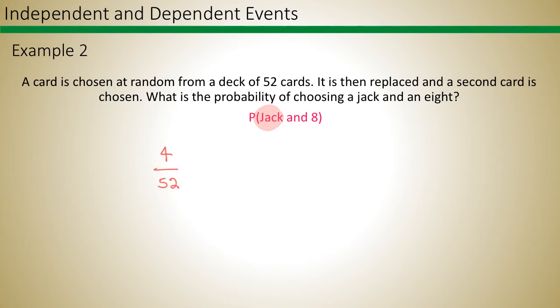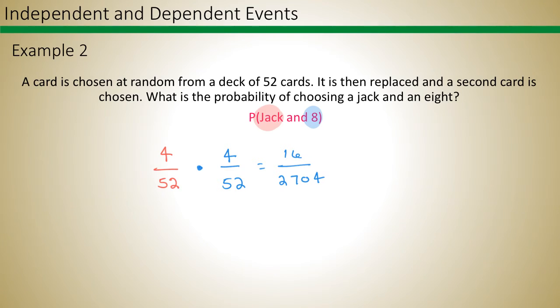There's also 4 8s. So again, my probability of getting an 8 would also be 4 out of 52. Okay, so again, we're just gonna multiply these things together. So that gives me 16 over, that's gonna be 52 times 52 is 2,704.